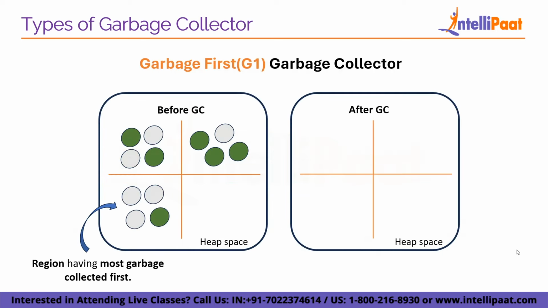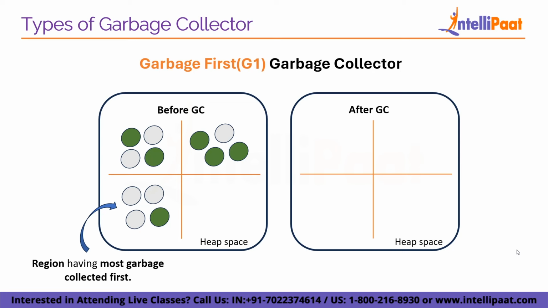Now moving forward, here we have another type of garbage collector, that is the G1 garbage collector. The G1 garbage collector is used if you have large memory, that is heap space, and it should be more than 4 GB. It divides the heap into equal sized chunks and prioritizes them, and then performs the parallel garbage collection on those chunks based on the priority.